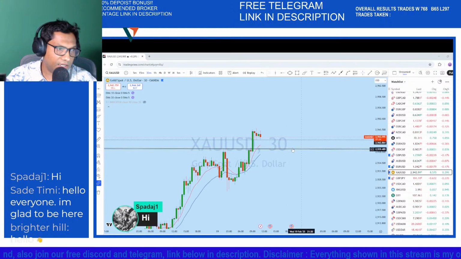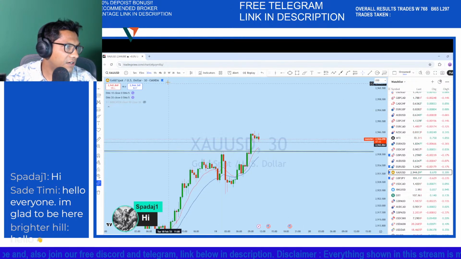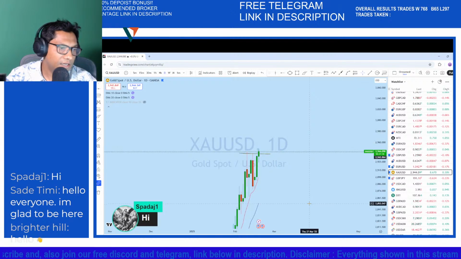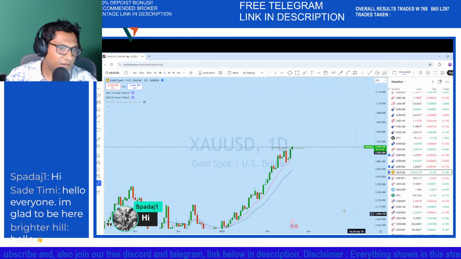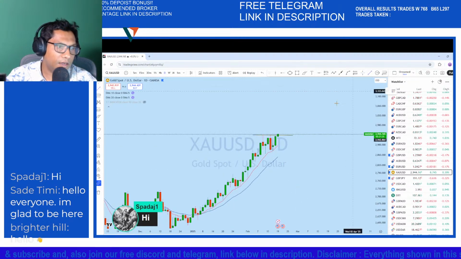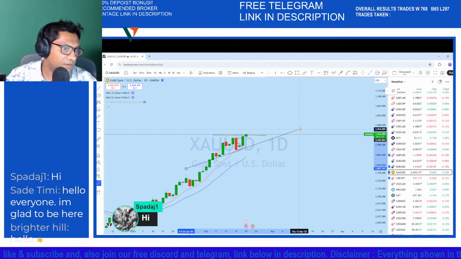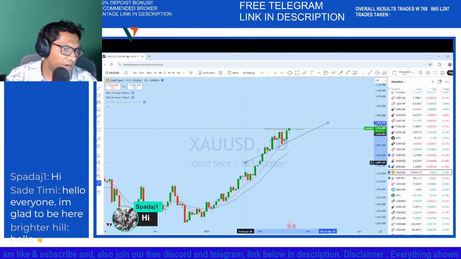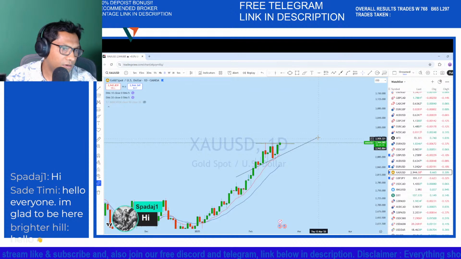If you look at XAUUSD, first starting with the daily chart, this is the daily price section, which is the daily support.